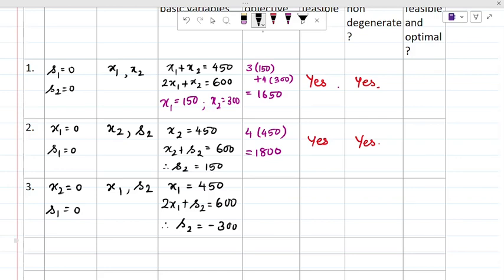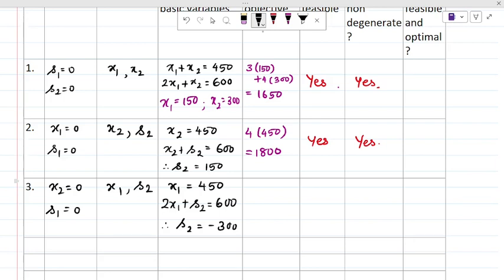Now the value of the objective function, even if I calculate it here, is not going to support our answer. s2 is not there in the objective function at all.